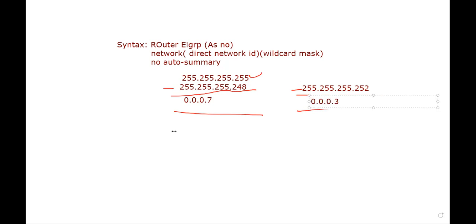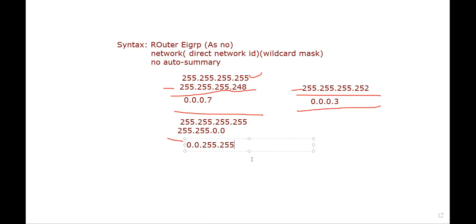Now, for example, your subnet mask is 255.255.0.0. What will be your wildcard mask? You have to use the broadcast address and subtract this value. So your wildcard mask is 0.0.255.255. You can say it is the opposite of the subnet mask.